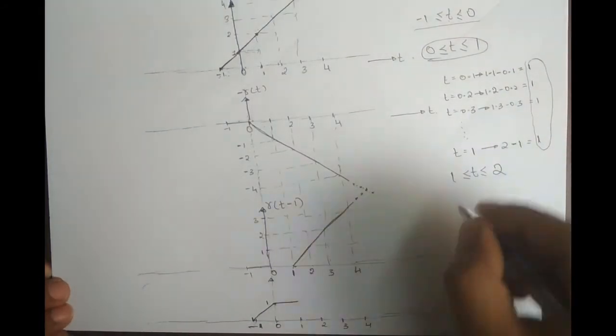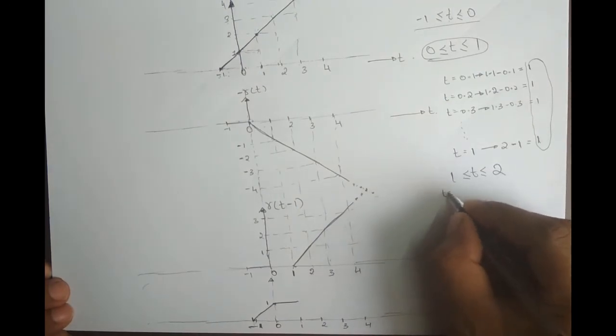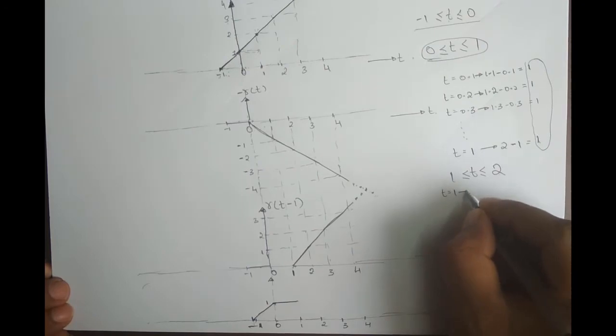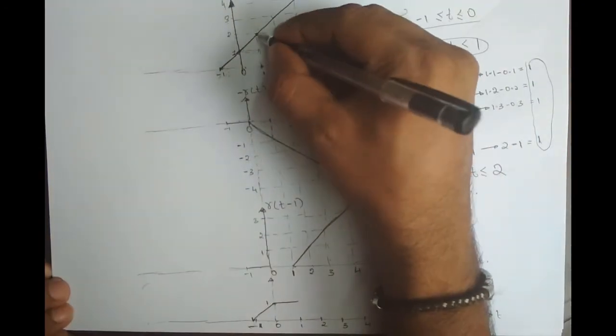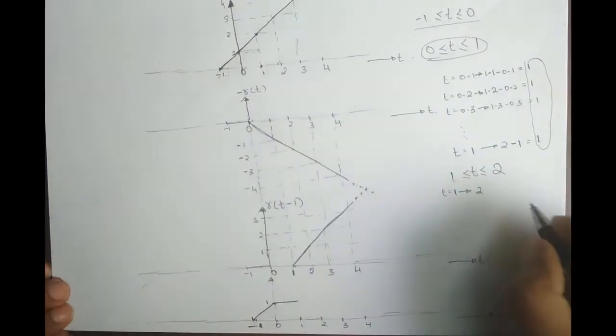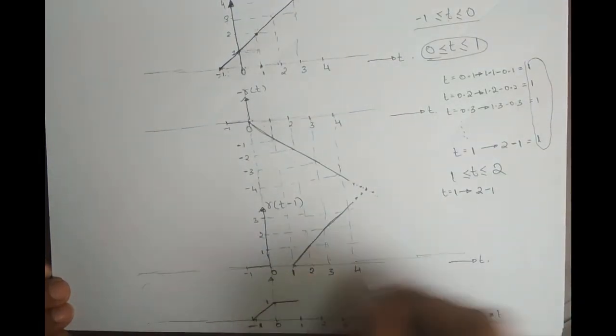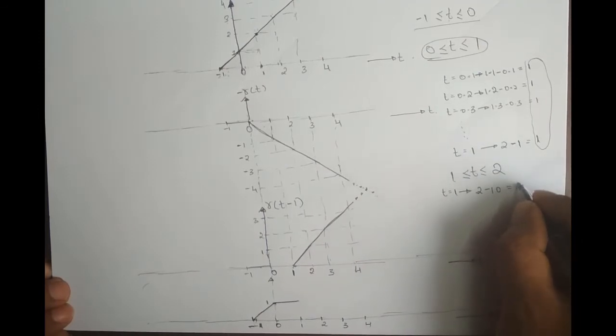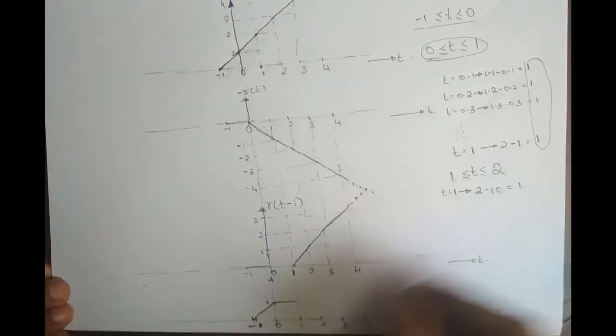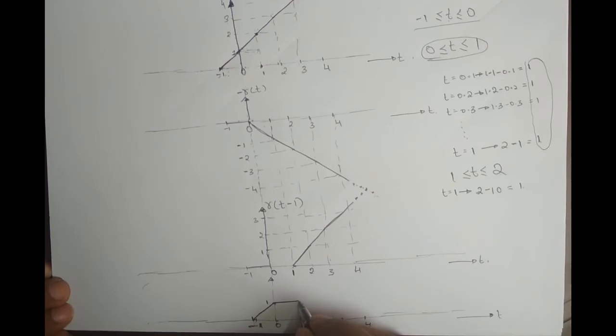For t is equal to 1, what is the amplitude of the first signal? At t is equal to 1, the amplitude of the first signal is 2. What is the amplitude of the second signal? It is minus 1. What is the amplitude of the third signal? It is 0. So 2 minus 1 is 1. So at t is equal to 1, it is 1.